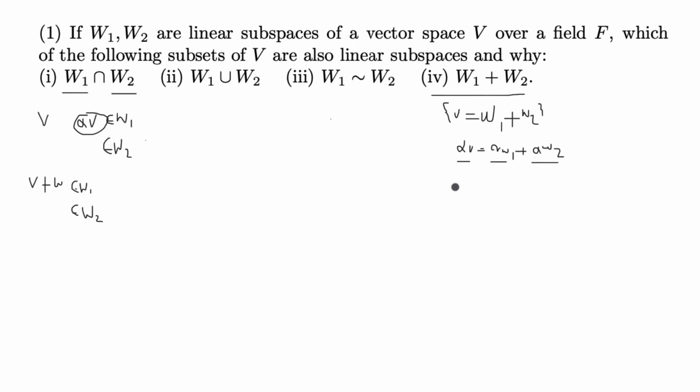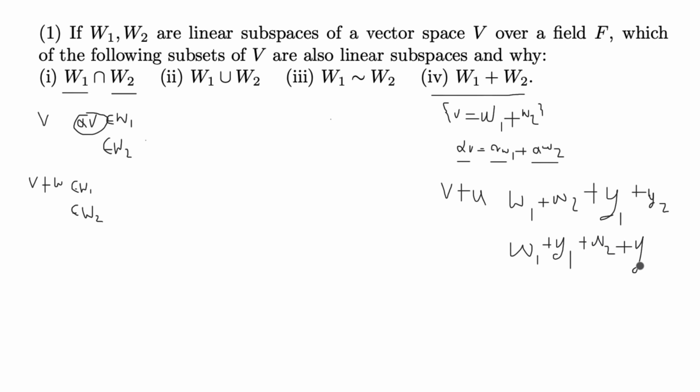And now let's choose two vectors, V and U, each of which has a representation as w1 plus w2. Let's write the representation of U as y1 plus y2, where everything with index 1 is from big W1, and everything with index 2 is from big W2. By the commutativity of vector addition, we can simply commute these, and we get V plus U equals w1 plus y1, plus w2 plus y2.